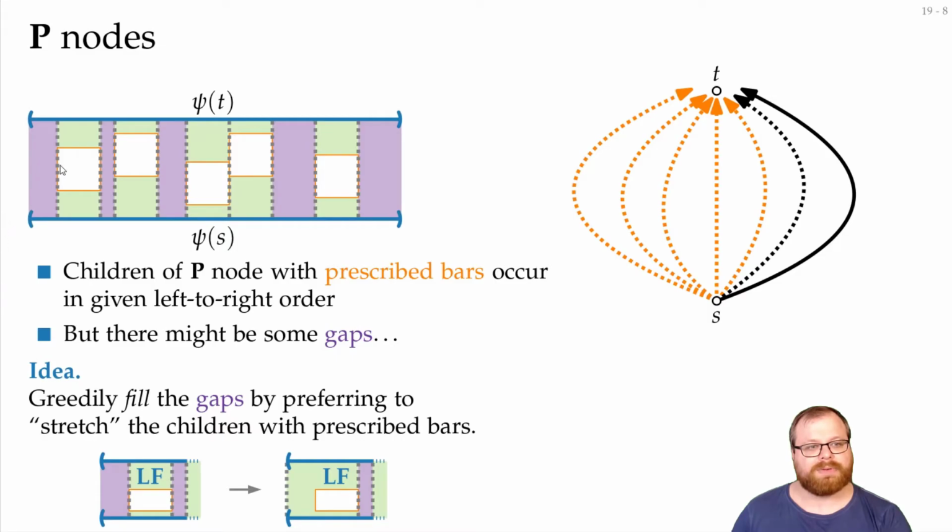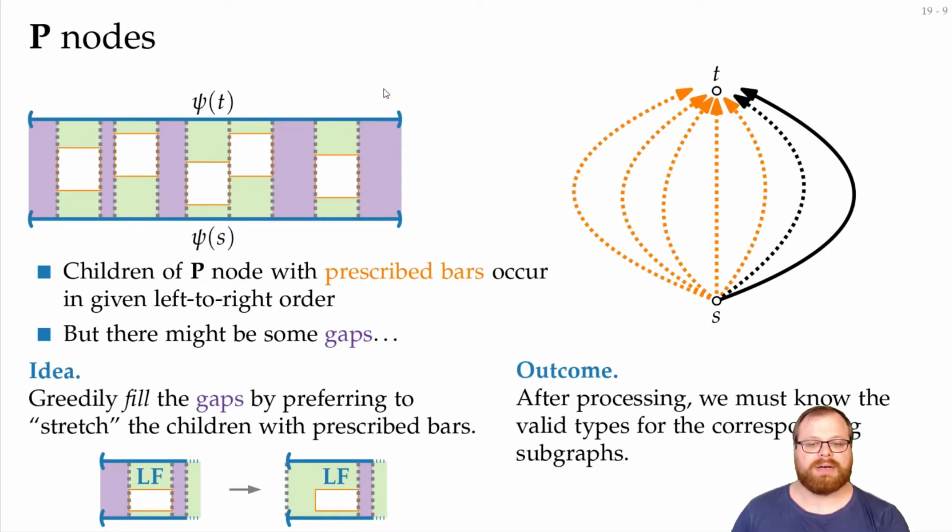And depending on what we're asked from the parent, either the S and T ends here, or it might end here if it has to be fixed. And the same on the right side, it can end to the right or exactly here, depending on what type of representation we want. So after this, we have to know all the valid types for the corresponding subgraphs, and then we can plug this together.